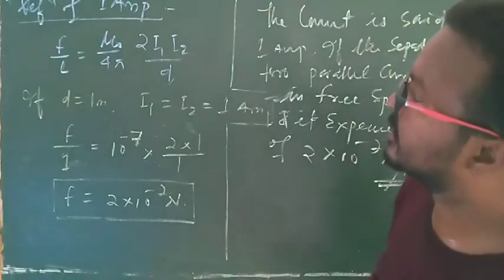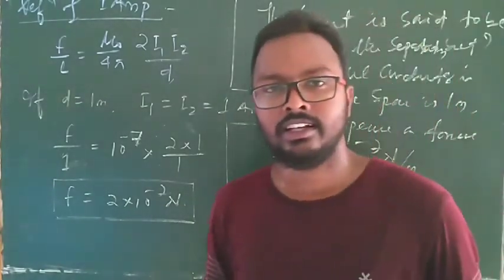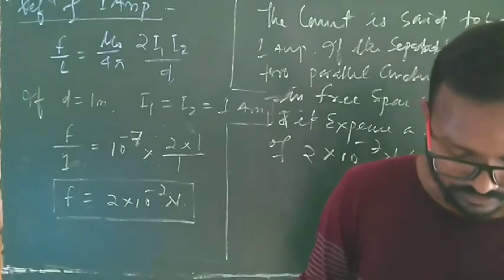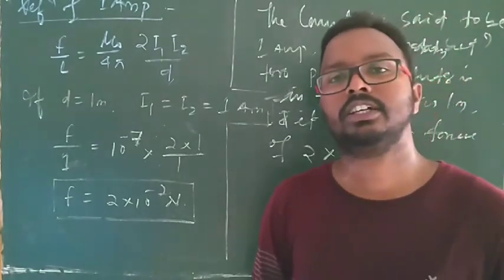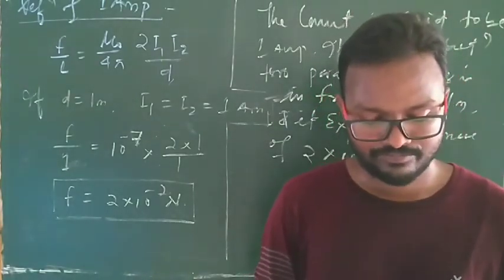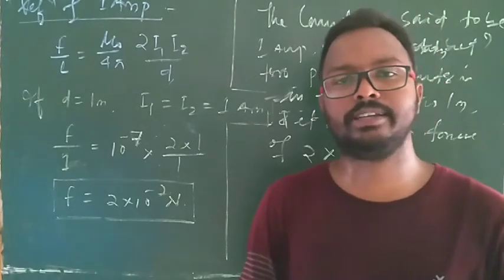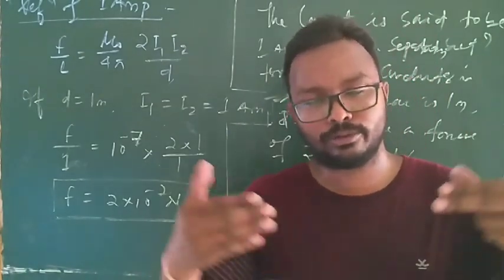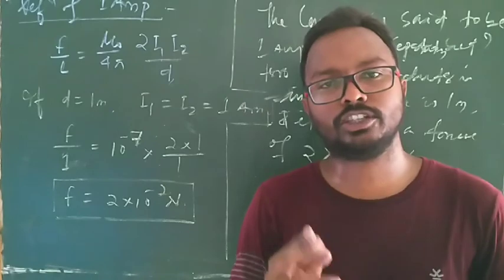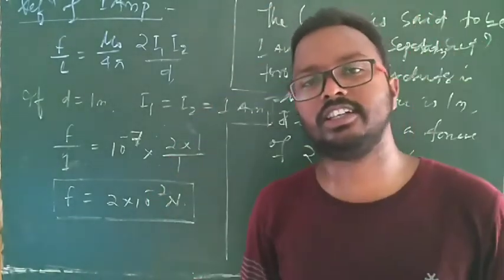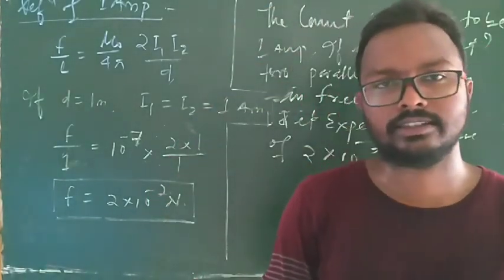So this is the definition of 1 ampere. This is all about the force experienced by two parallel current carrying conductors. If the current flows in the same direction, the force is attractive. If the current flows in opposite directions, the force will be repulsive. Clear?